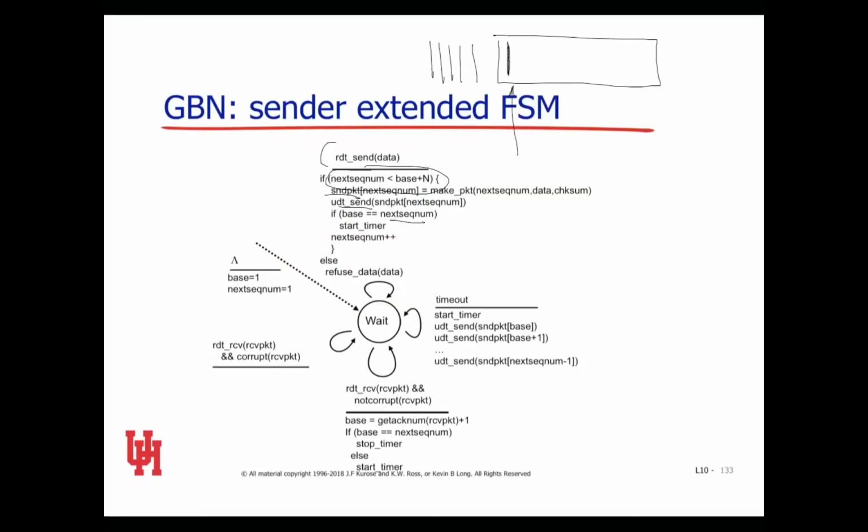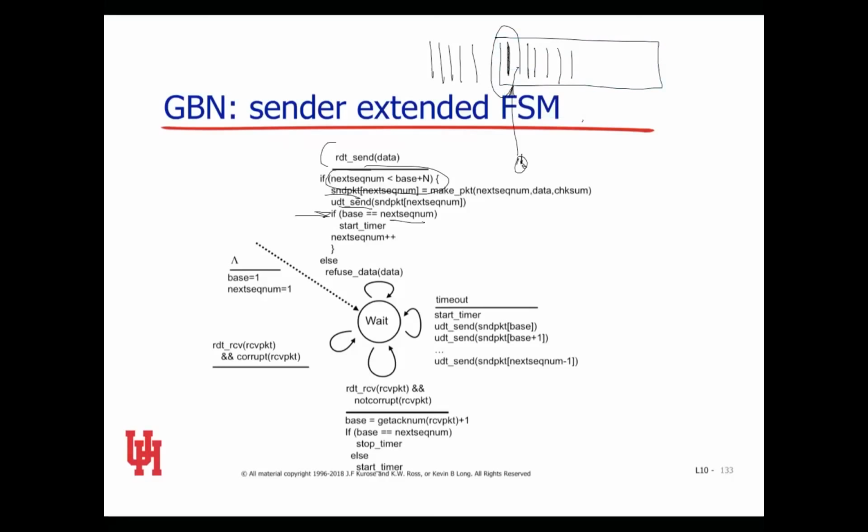If this is the next one I'm sending, it matches this case, and I'm going to start a timer for this packet. And then I can send more packets, but none of them are going to match that base condition, and so none of them will have a timer attached. Only one timer at a time, and it's going to be attached to the oldest unacknowledged packet, and that's the bold one here that I showed.